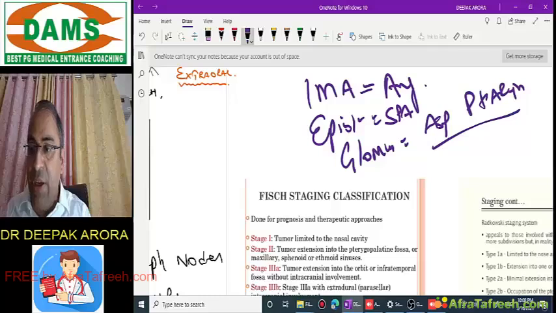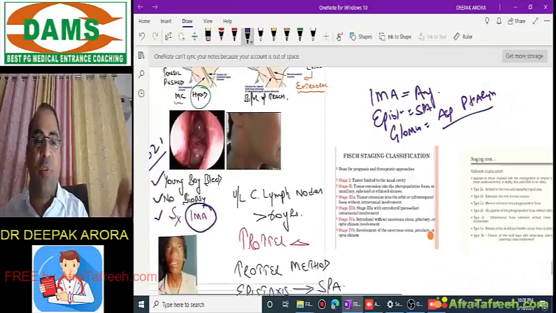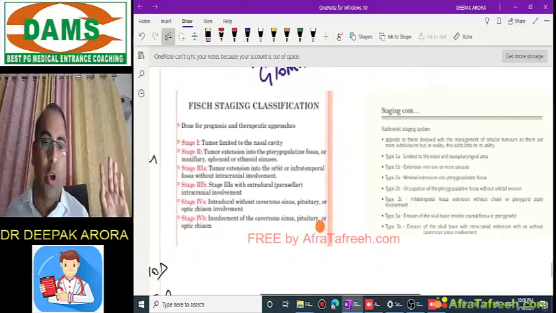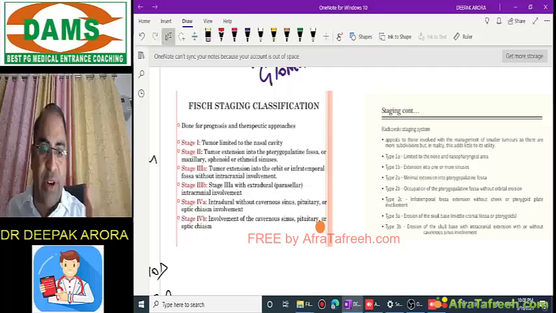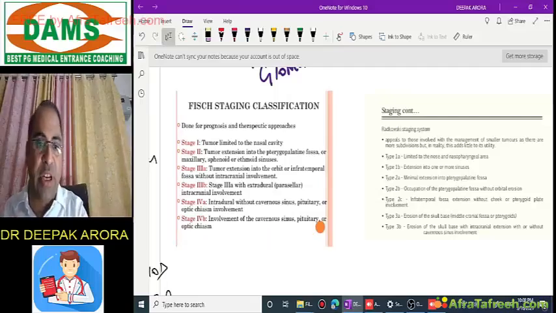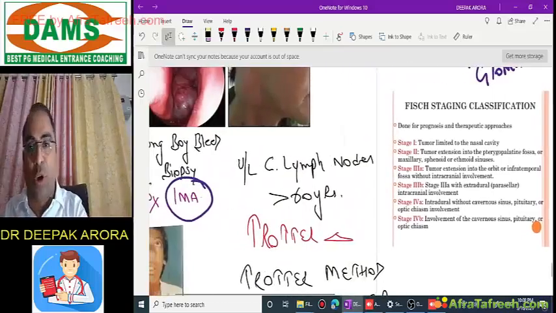Sir, angiofibroma, 2 classifications should be on your tips. Fisch classification, Radkowski classification. लिखना नहीं है. We have to keep this point in mind. Fisch classification, Radkowski, very important.